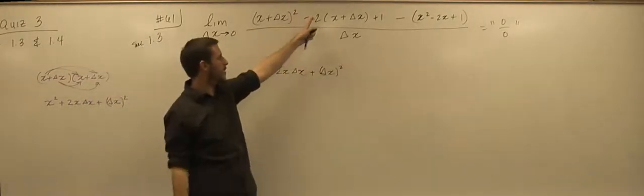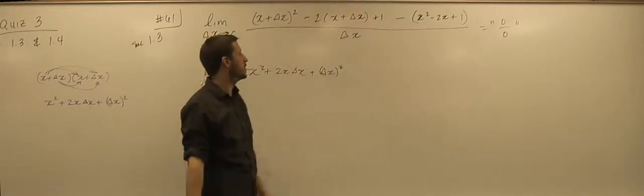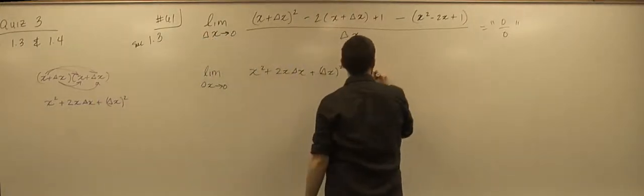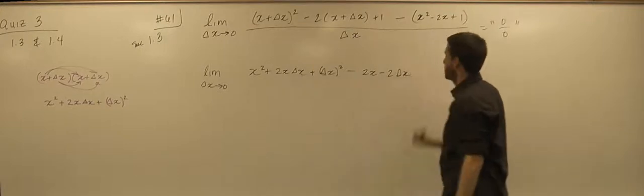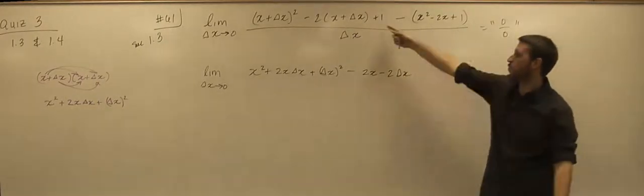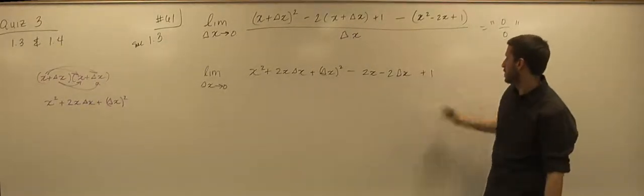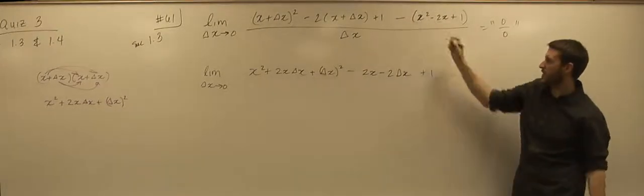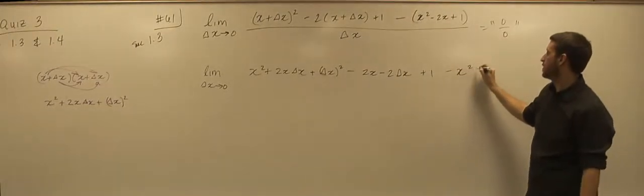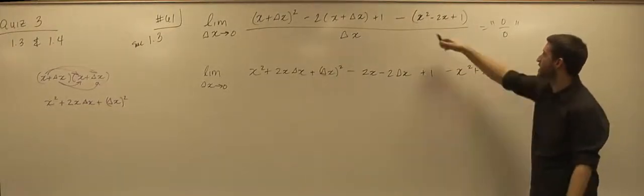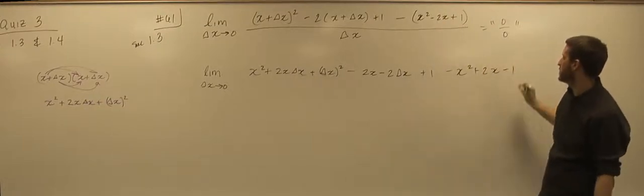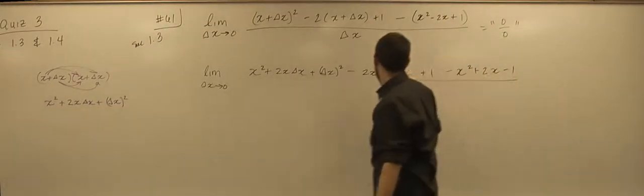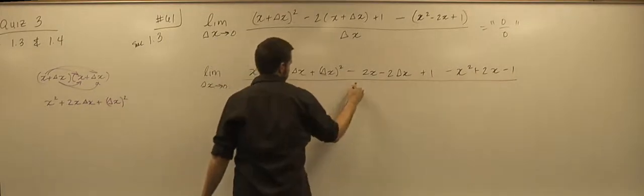Then I keep going, I would probably distribute out this negative 2: minus 2x minus 2 delta x plus 1, I can't do much with that. Distribute out this negative: minus x squared plus 2x minus 1, over delta x.